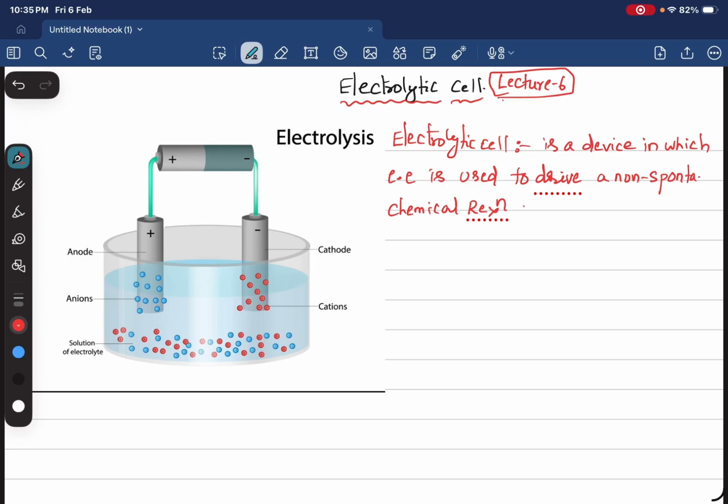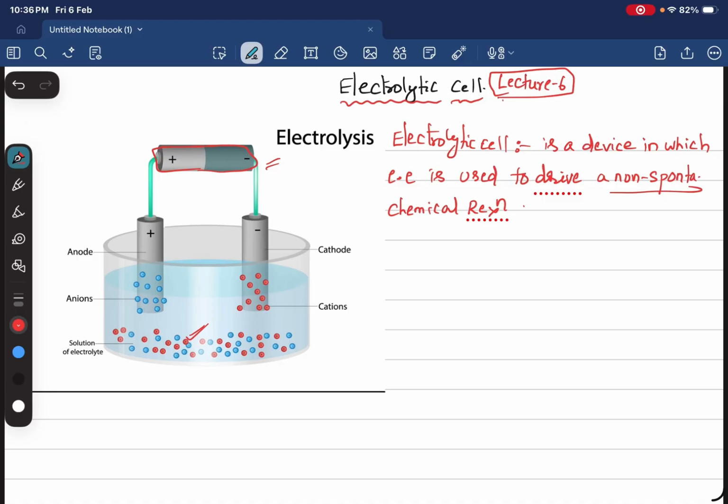So here we are using electricity to make the chemical reaction happen. This process happens with external force or external electricity, so this is an example of a non-spontaneous process.